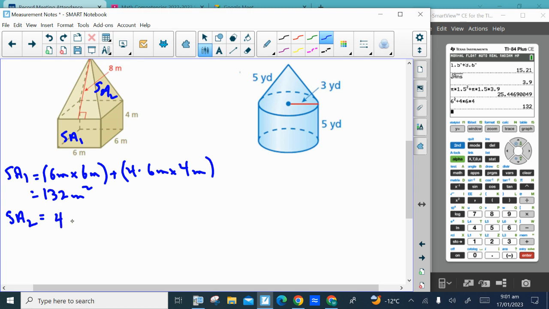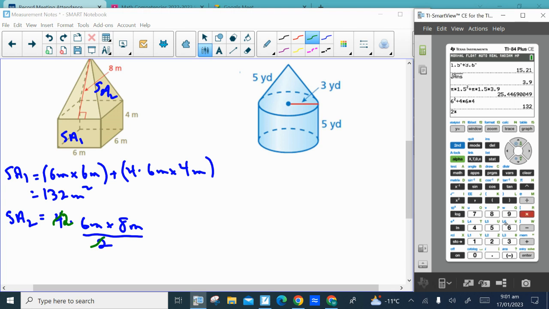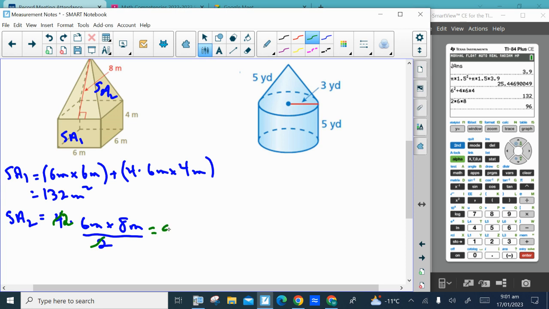So 4 triangles, and the formula for area of a triangle is base times height over 2. You can divide 4 by 2, and that'll leave you with 2 times 6 times 8, which is 96 meters squared.